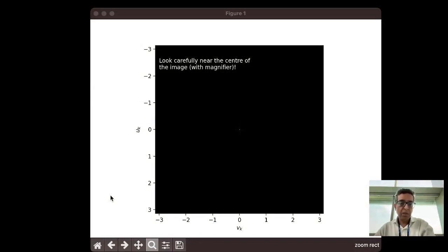So this doesn't always work. There's an external viewer that you can get in Matplotlib, which gives you some utility functions to zoom, and those utility functions are shown here.